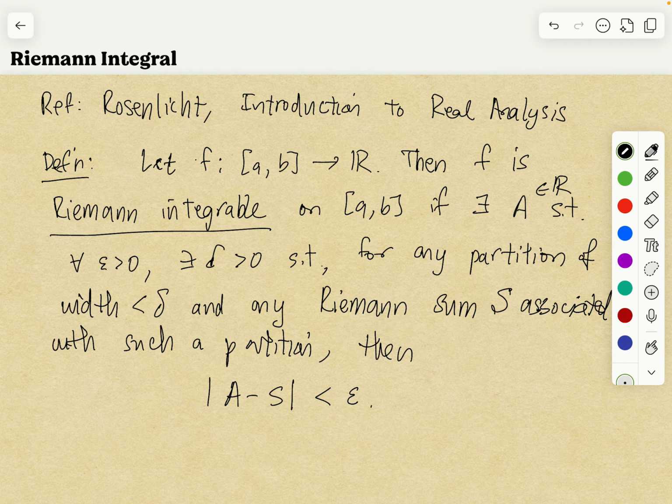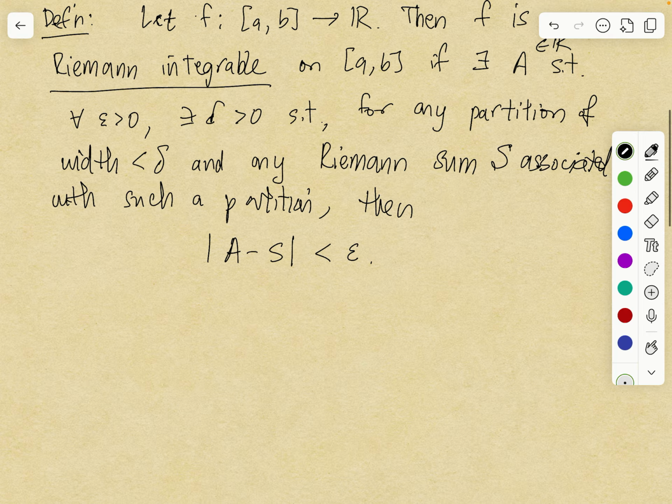So what that means is there's some number with the property that it can be approximated by Riemann sums of arbitrarily narrow width. That's basically what this is saying. So if such an A exists, we say that f is Riemann integrable. Okay, well, that's the definition of Riemann integrable.